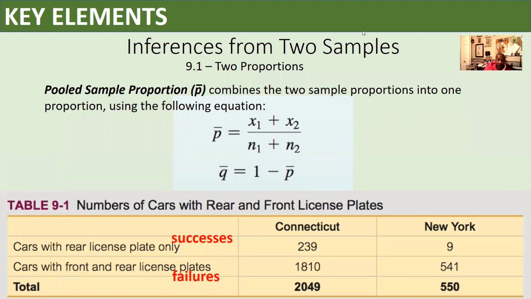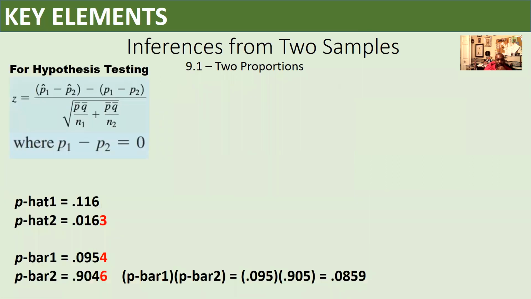Now, I'll tell you, I wish it stopped there, calculating the pooled sample proportion. However, it gets a little bit more tricky. When we're doing a hypothesis test, we need to calculate Z. Now, if you remember from what we talked about before, we can assume that this portion of the equation equals 0, right? So we just plug a little 0 there.